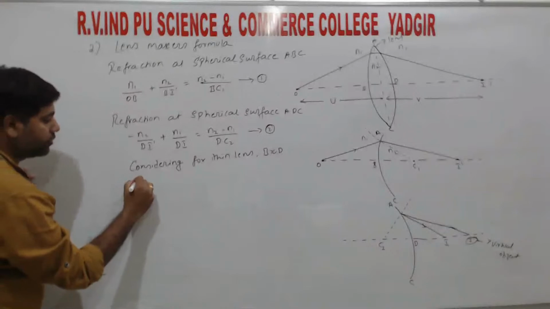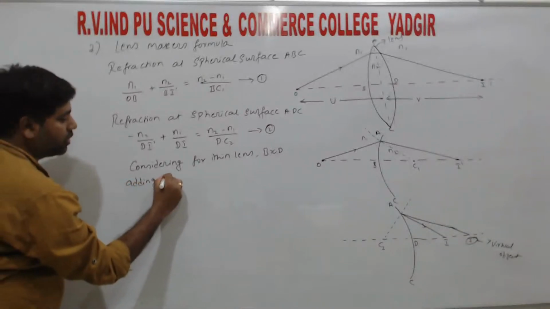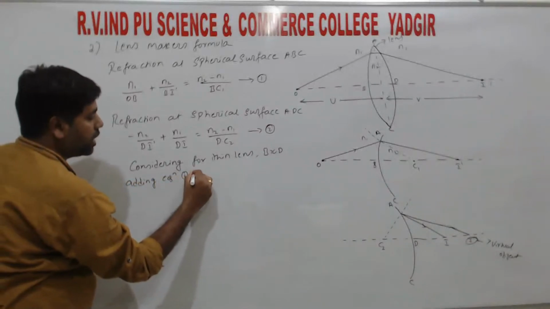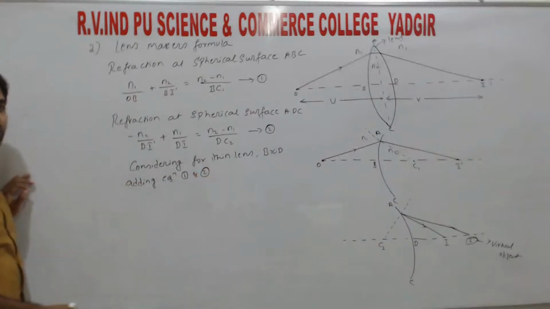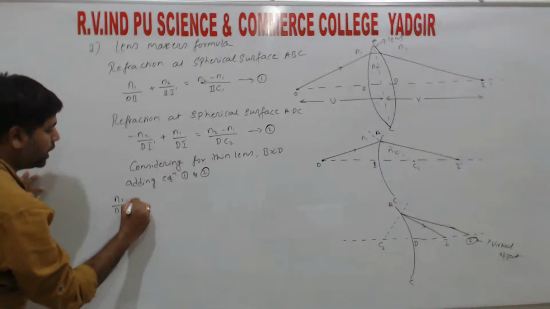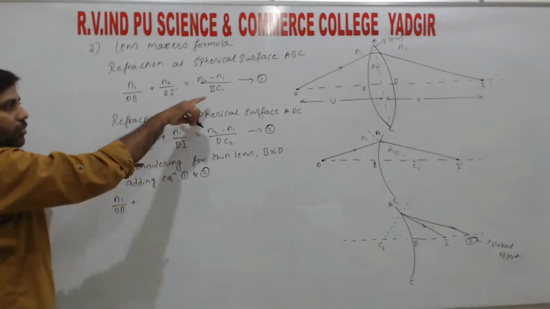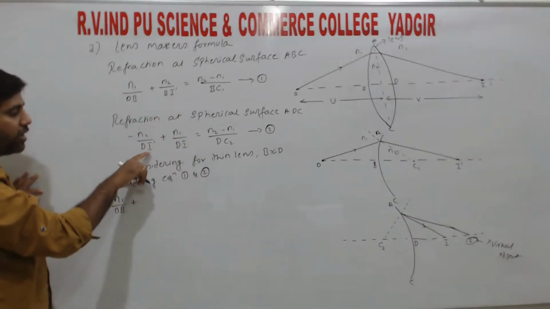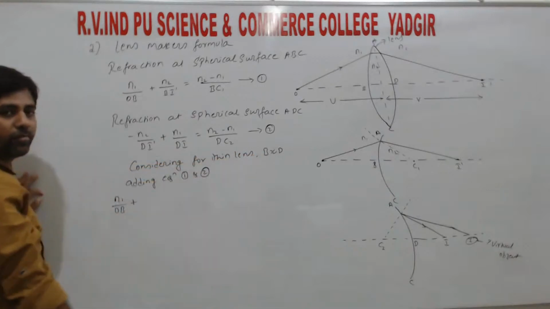So adding equations 1 and 2, right? Adding the two equations, n1 by ob. Wherever we have b, keeping it as b, and wherever d, we are replacing it with b.